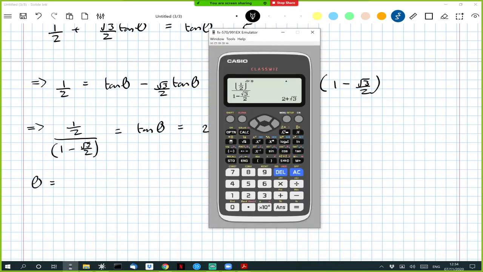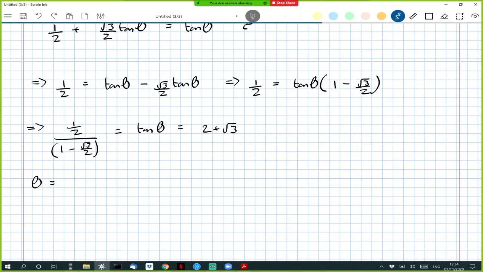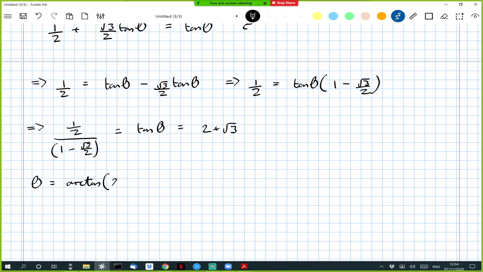So θ is the arctan of 2 plus root 3, which is 75 degrees. And the period of the tan graph is 180.